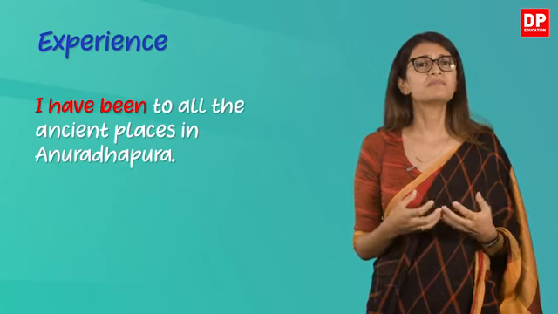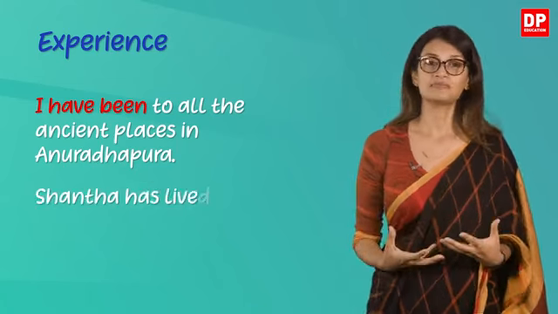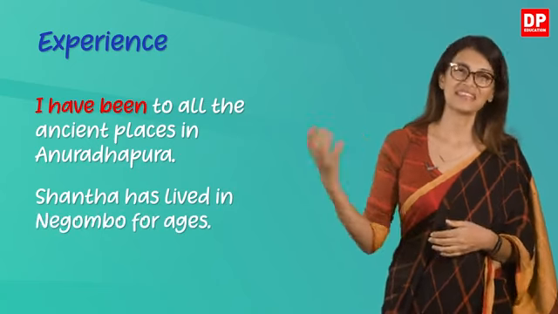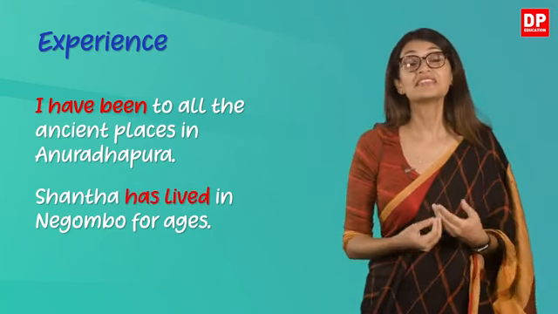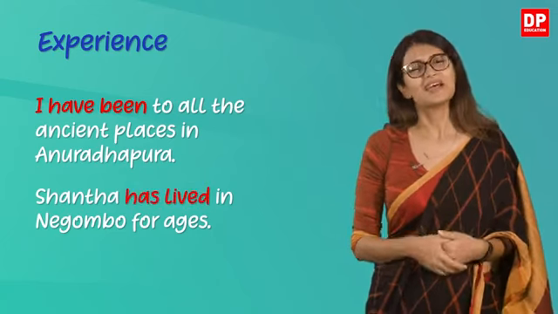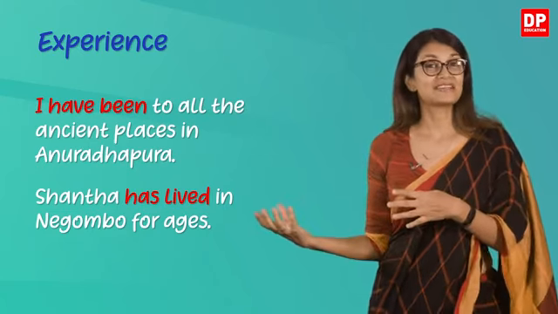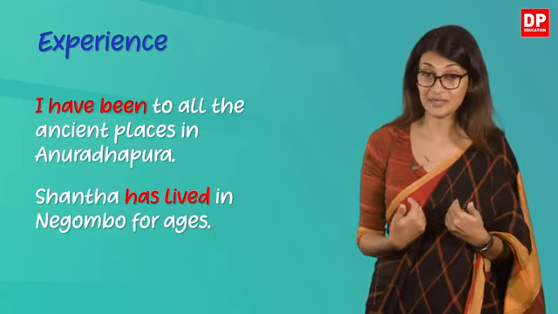I am using the present perfect to describe my experience in Anuradhapura. Shanta has lived in Negombo for ages. Once again, this sentence informs us of Shanta's experience. So both these experiences have been in the past, but the memory of it is taking place at this moment.